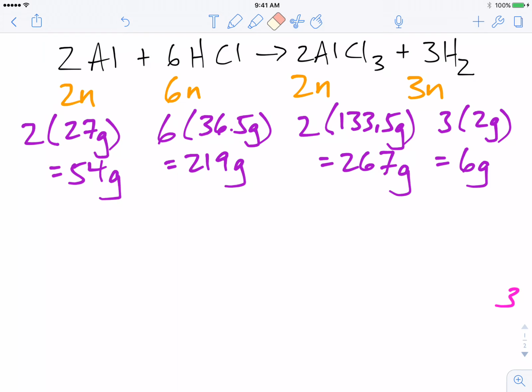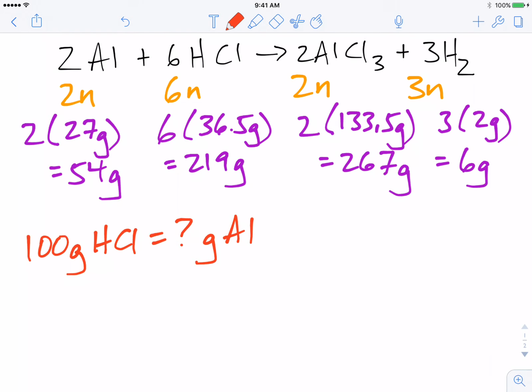So let's say that I had 100 grams of HCl, and I wanted to know how many grams of aluminum that I would need to completely react with it. So in the other examples, I'd been using one reactant and one product.